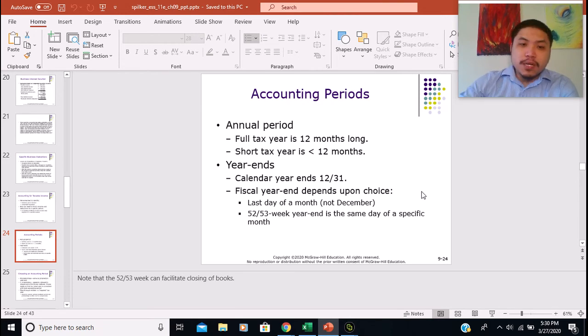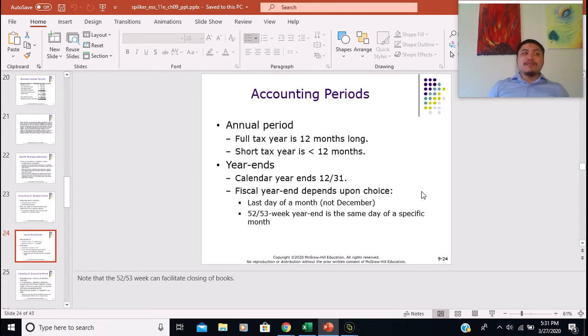So we know about the calendar year end, which means the tax year ends on December 31st, right? However, there are two other accounting periods available that the taxpayer can choose from, depending on the types of taxpayers and the types of business as well. The first one is the last day of the month.